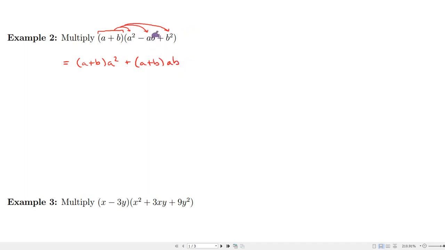If you want, you can actually put these factors afterwards. So if it's a little confusing how I'm writing this, you could write minus ab times a plus b, right? So the a plus b, it doesn't actually matter what side you put that on because the multiplication is commutative, but if it's easier for you to see this distributive property, you could always write it on the right side.